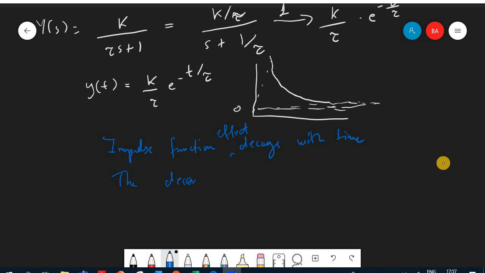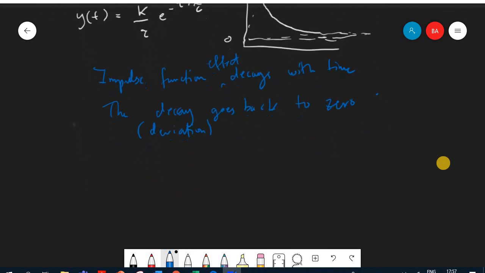Especially since we are talking about deviation, when you say the decay goes back to 0, it was at a certain steady state value, so there was no change, and then there was a change, and then it returned to its original place where there was no change. Okay, so that's what it means.